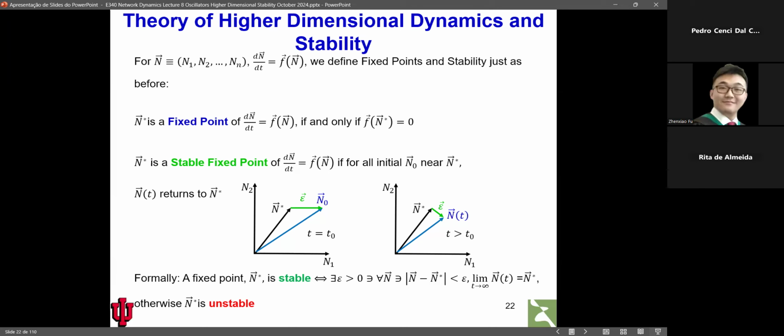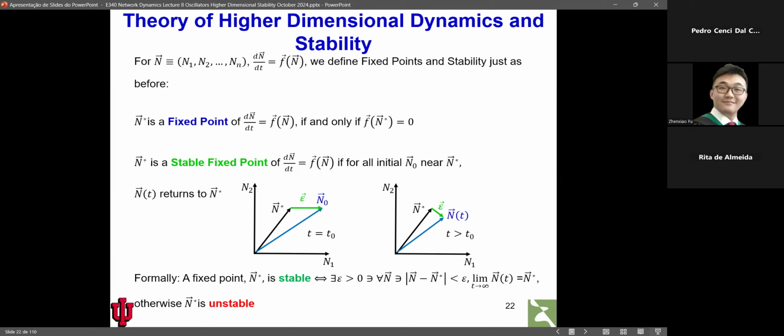So the idea is, now, how do I do the mathematics of this? What I do is just to consider that n naught is different from n star and the difference is a vector, epsilon, which has a small or controlled magnitude.